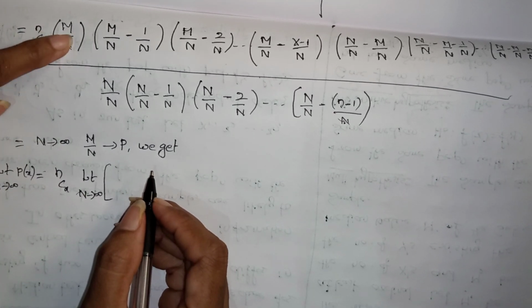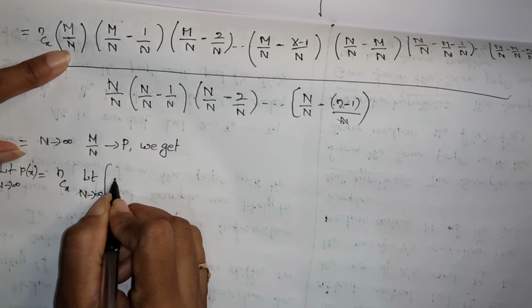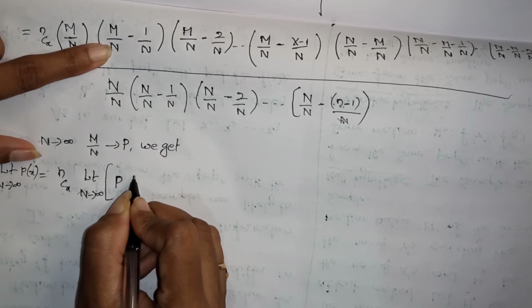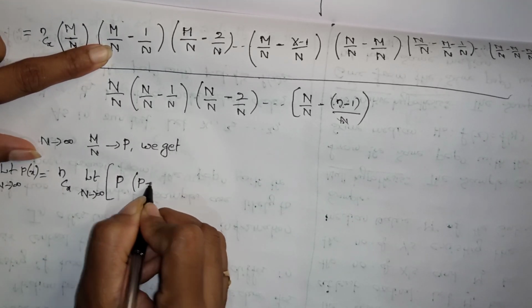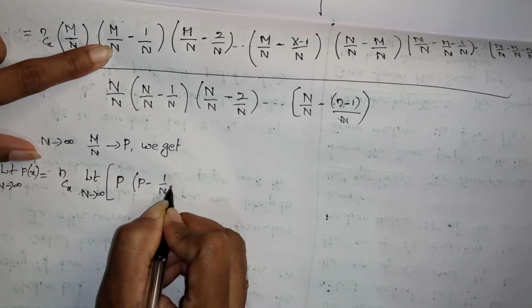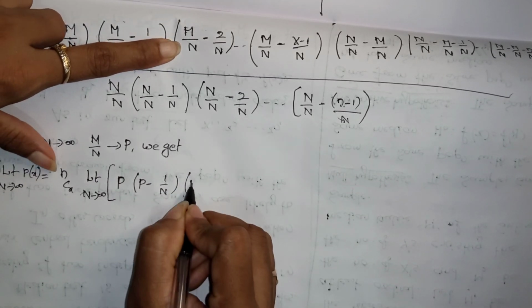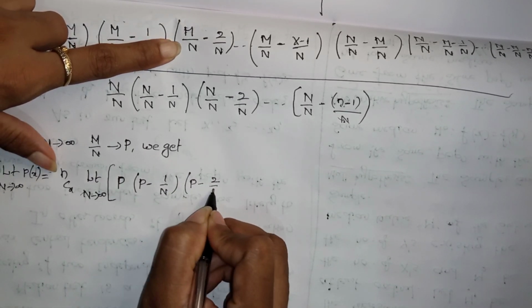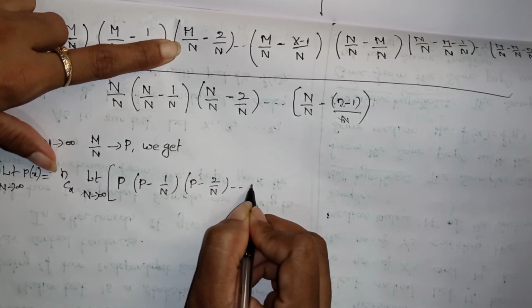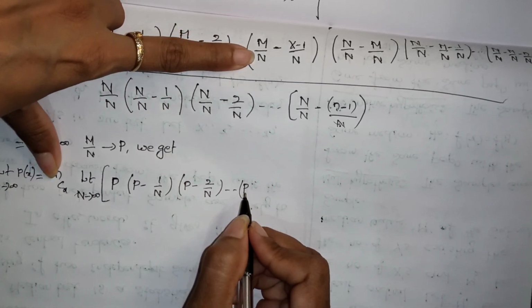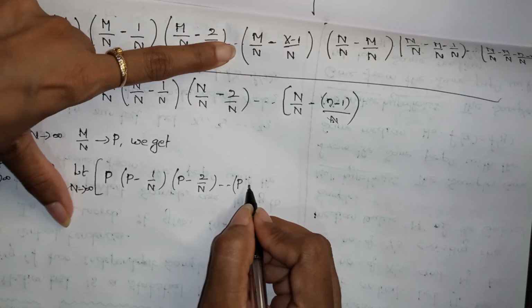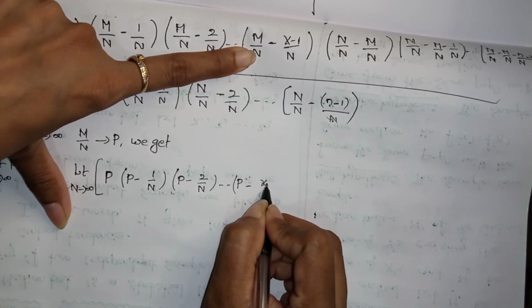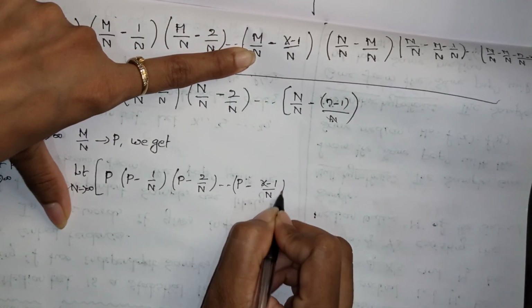So m by n means we have to write P, and the next is p minus 1 by n, and the next is p minus 2 by n, and so on. Again, m by n means p, so p minus x minus 1 by n.